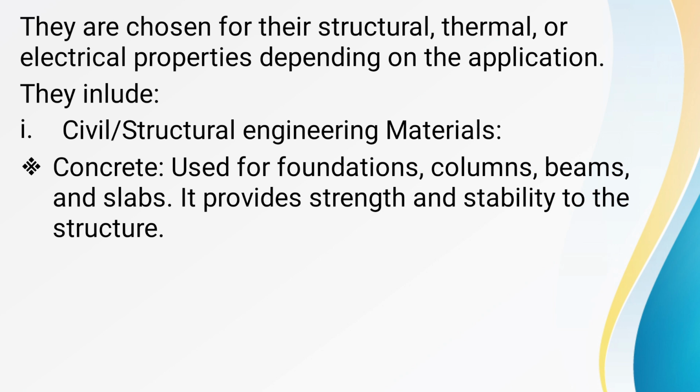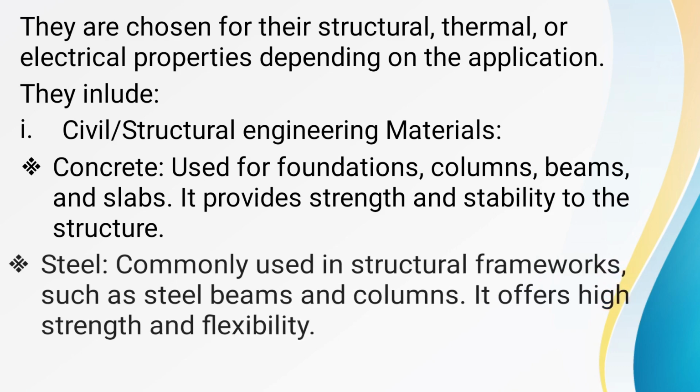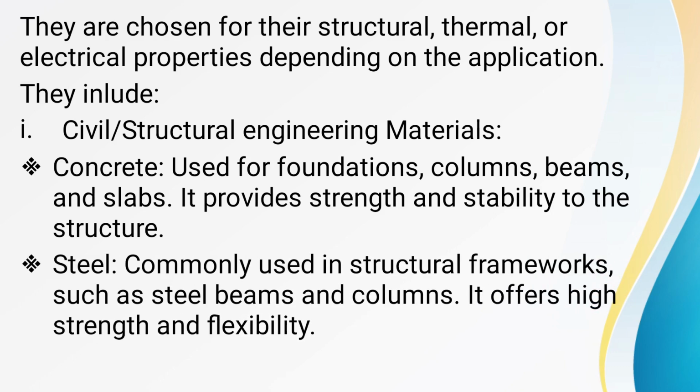One of the types of civil or structural engineering materials is concrete. Concrete is mostly used in the foundations, columns, beams, and slabs, and it provides strength and stability to the structure. You can also see steel as a common type of civil engineering material. It is commonly used in structural framework such as steel beams and columns.